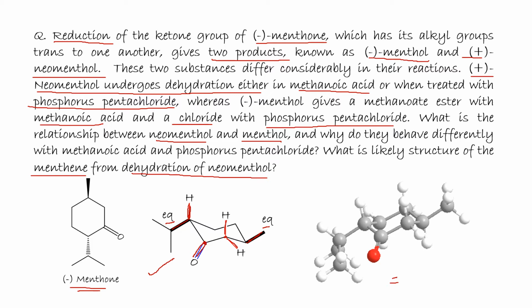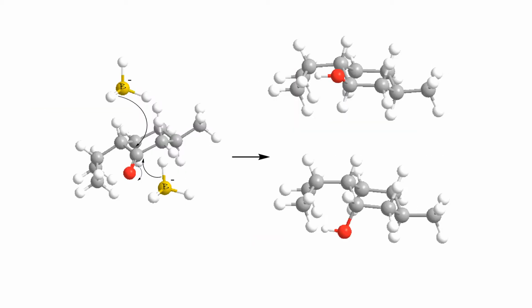If we clearly examine the faces of the carbonyl, this carbonyl is sp2, this part of the molecule is planar, but the two faces of the carbonyl are diastereotopic. You can put a plane of symmetry in there.